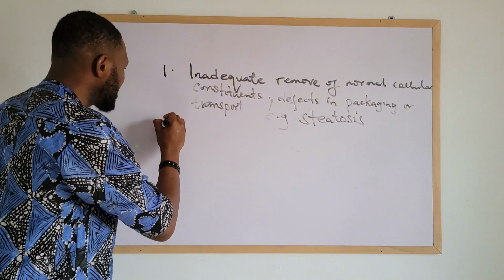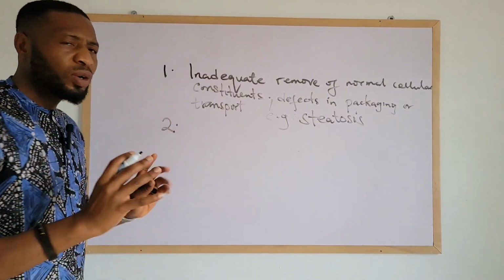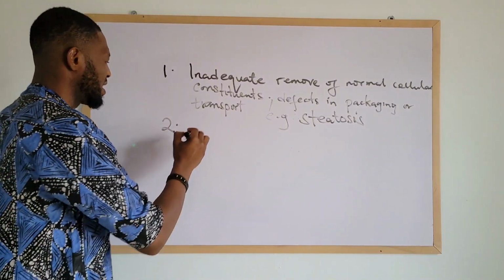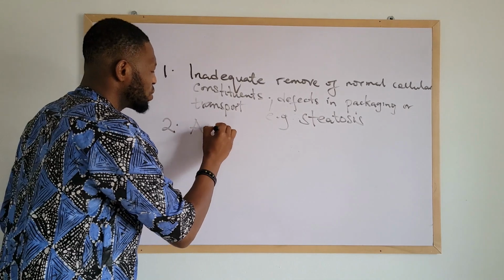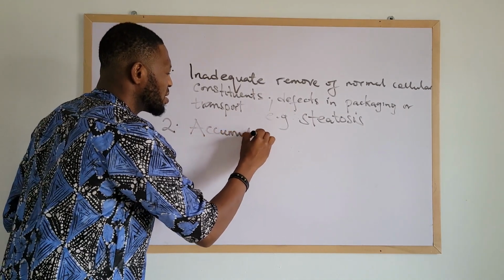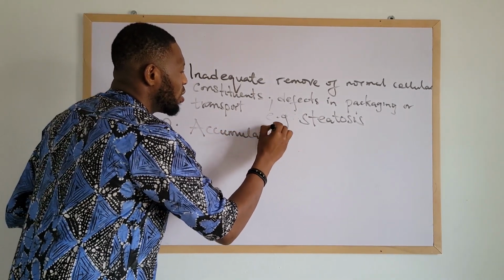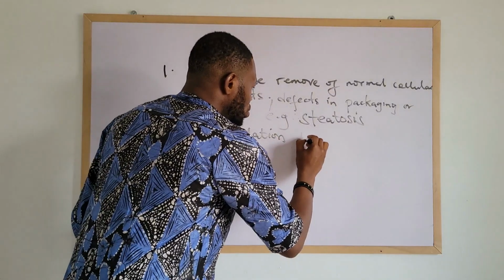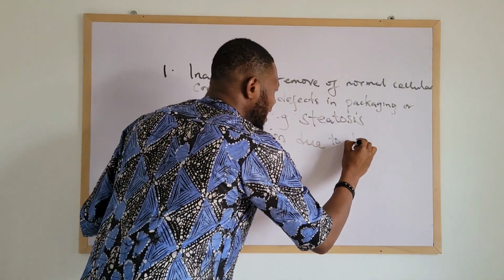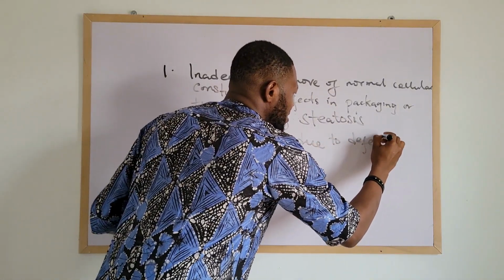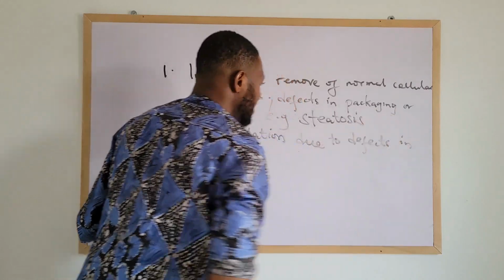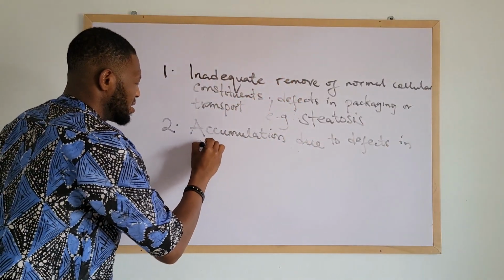Okay, now the second reason why cellular constituents may accumulate in the cell is accumulation due to defects in folding.